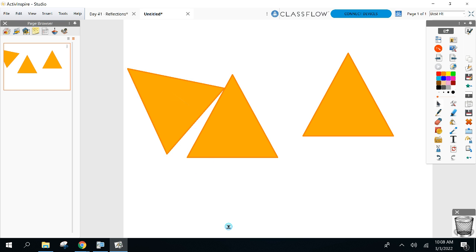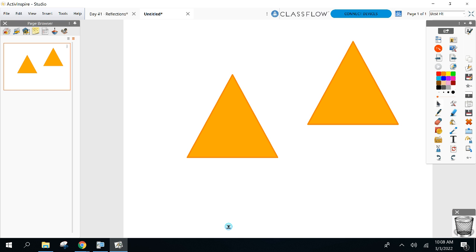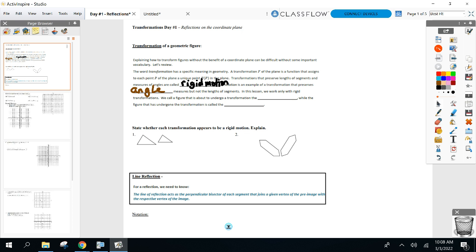Last thing I need to talk about. We actually have a name for the starting figure and for the ending figure. The figure we start with, we're going to refer to as the pre-image. That's the figure we are always given.